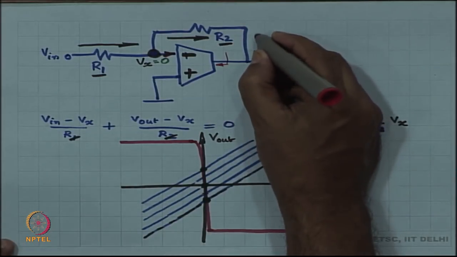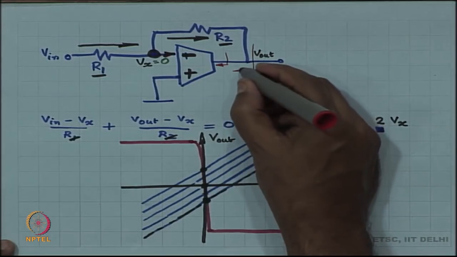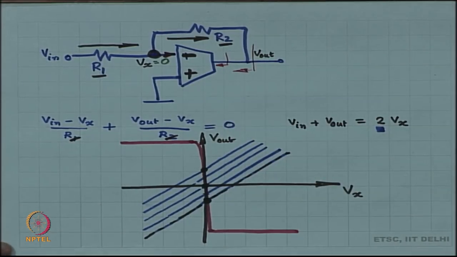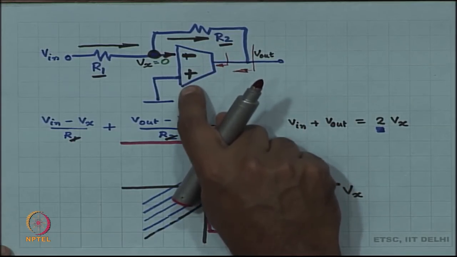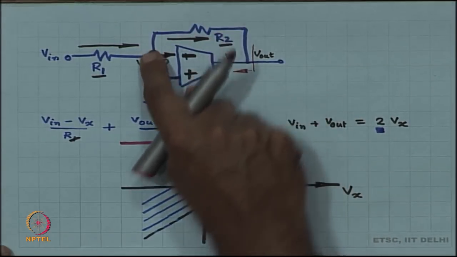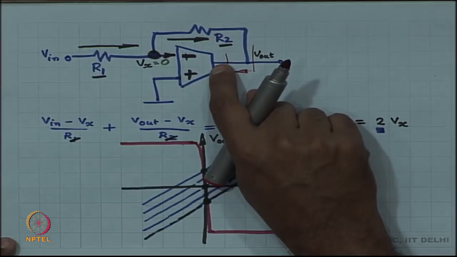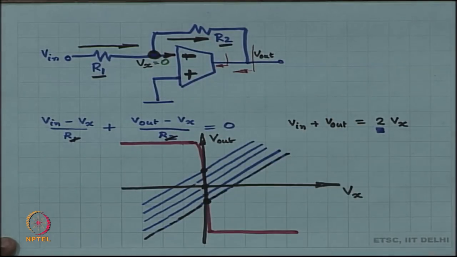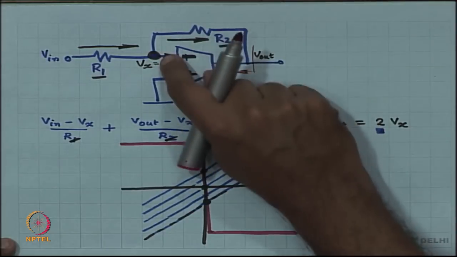But if you look at V out and look at the output impedance, you will have the output impedance of the OTA and also R2, because R2 is right to ground. So, looking into the output of the OTA, you see some impedance, but you also see R2 in shunt with it.